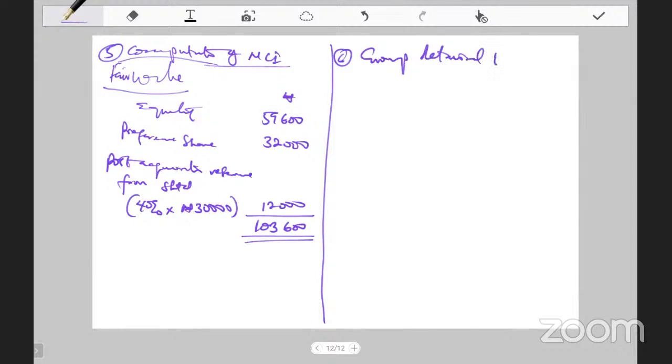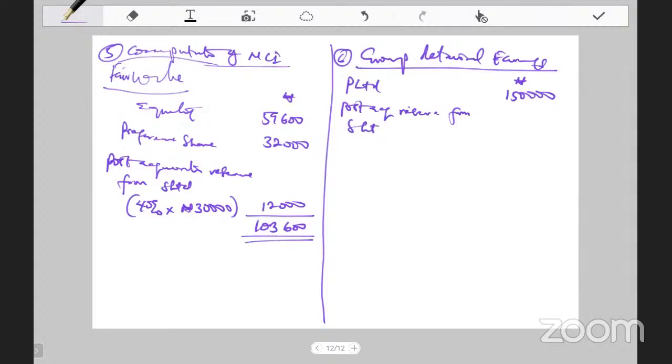For our group retained earnings, what is the value of the group retained earnings of P Limited in the question? 150,000. So we now take the adjustment. What is the post-acquisition reserve from X Limited?